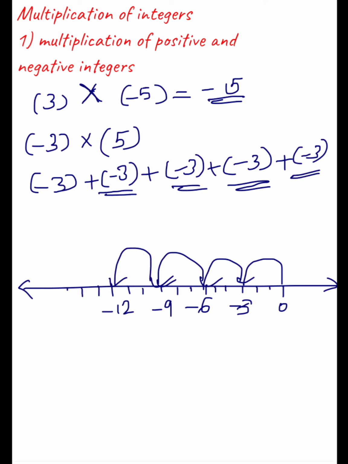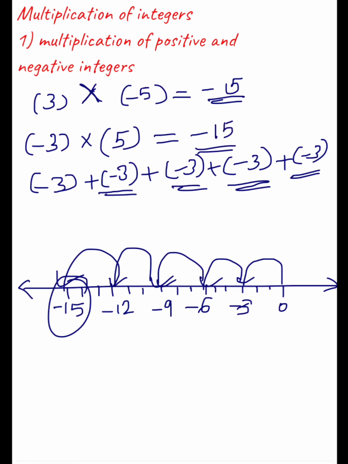So 1, 2, 3. So you will reach here. That is minus 15. Why you are moving to left side? Since it is negative number. In the case of addition on number line, you should move to left side, that we have already discussed in the addition of integers. So you reached minus 15. So the answer will be minus 15 itself.